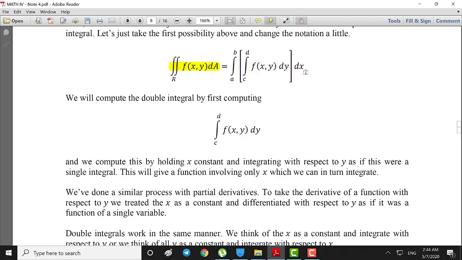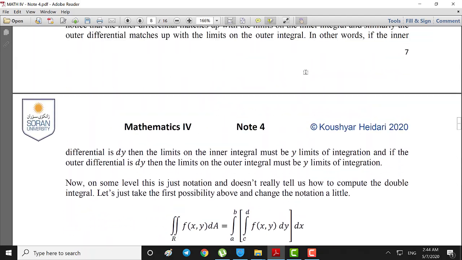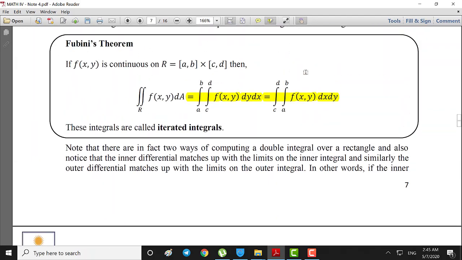Now, what does that mean? It means that we can treat these iterated integrals as two simple integrals.